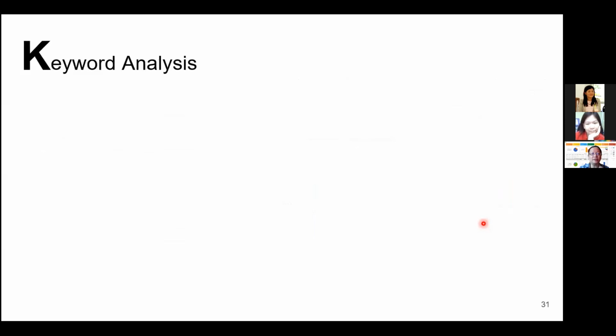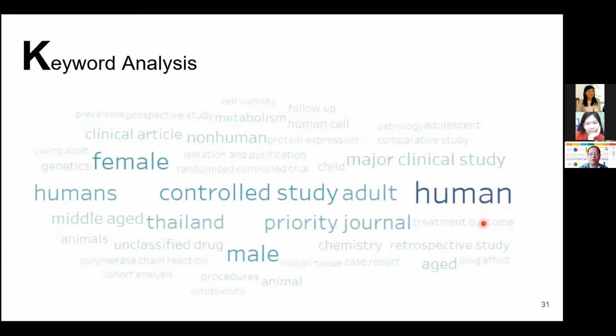Another example is keyword analysis, which is what I'm trying to do at the moment. What I and my team try to do is extract keywords from research papers published by faculty members of Srinakharinwirot University. This is an example where I extracted keywords from papers published in Scopus.